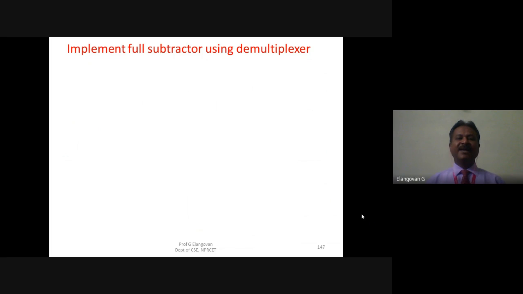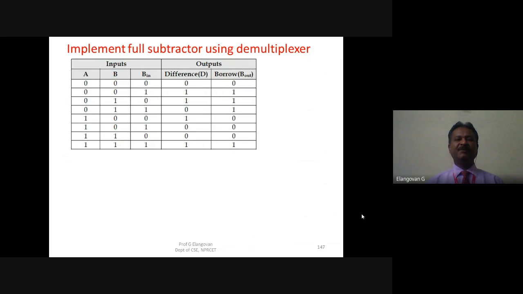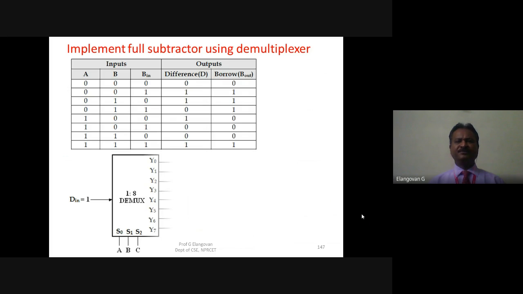Now, a combinational circuit can also be implemented using a demultiplexer. For example, the full subtractor can be implemented using the demultiplexer because each output represents one minterm. If we take the sum of the minterms, we get the required circuit. This is the truth table for the full subtractor.